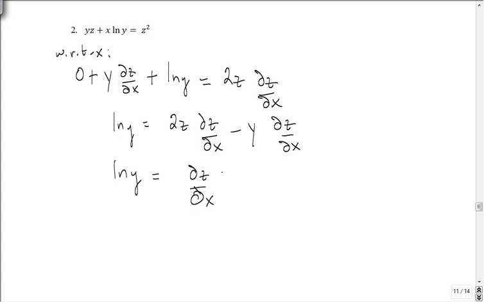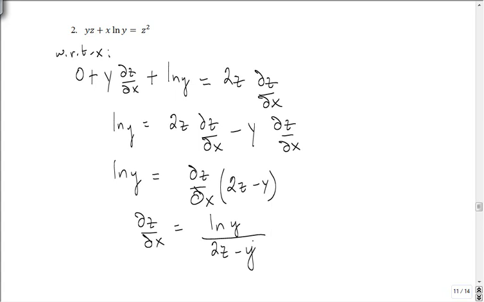Partial z with respect to x times 2z minus y. And so partial z with respect to x is natural log of y over 2z minus y. That's that one.